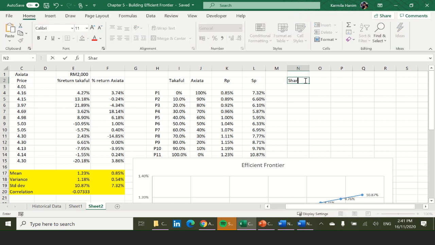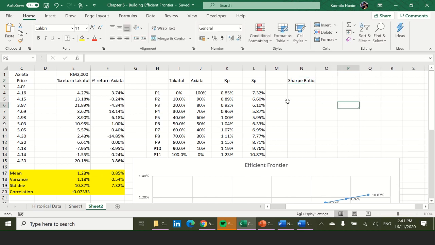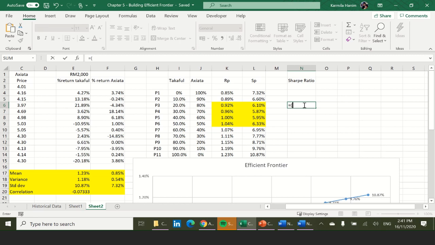Okay, Sharpe ratio. So basically this is the point. Okay, let me just highlight here. So the formula for Sharpe ratio is portfolio return divided by portfolio risk.